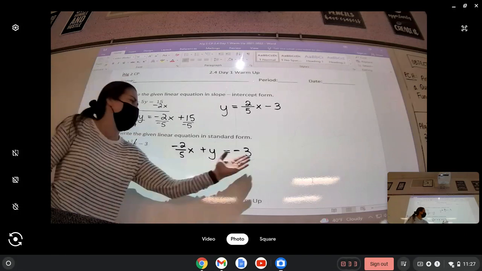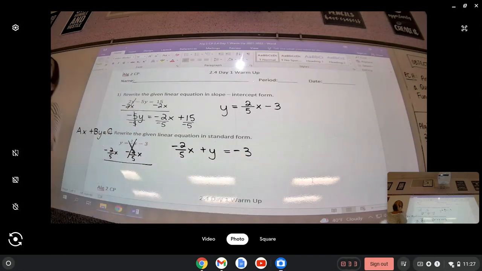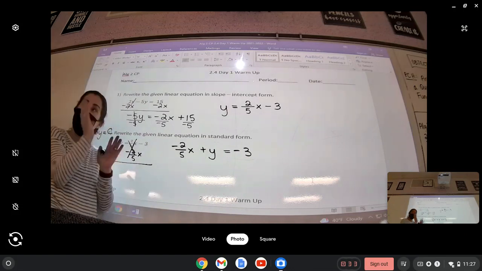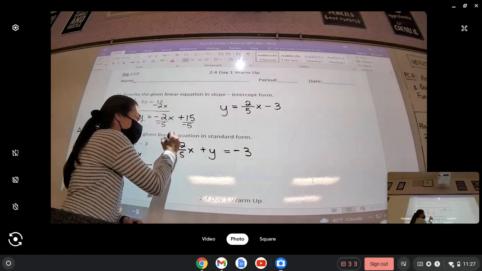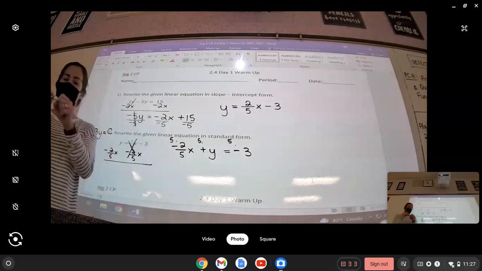But guys, if 5 is the only bottom, what's the least common multiple of a 5 and nothing else? It's 5. So 5 is going to be our magic number. So now you take that magic number, if you remember, and you times all your tops by it. So I'm going to times this top by 5, this top by 5, and this top by 5.